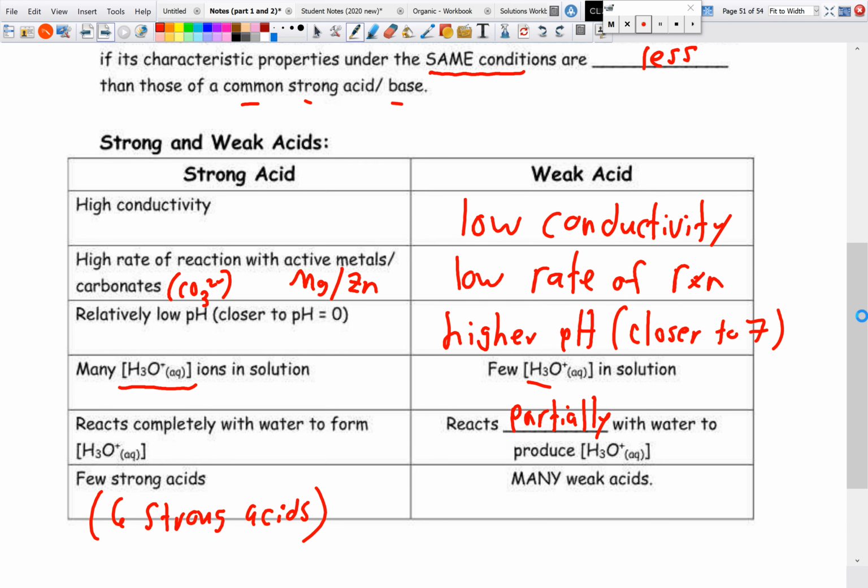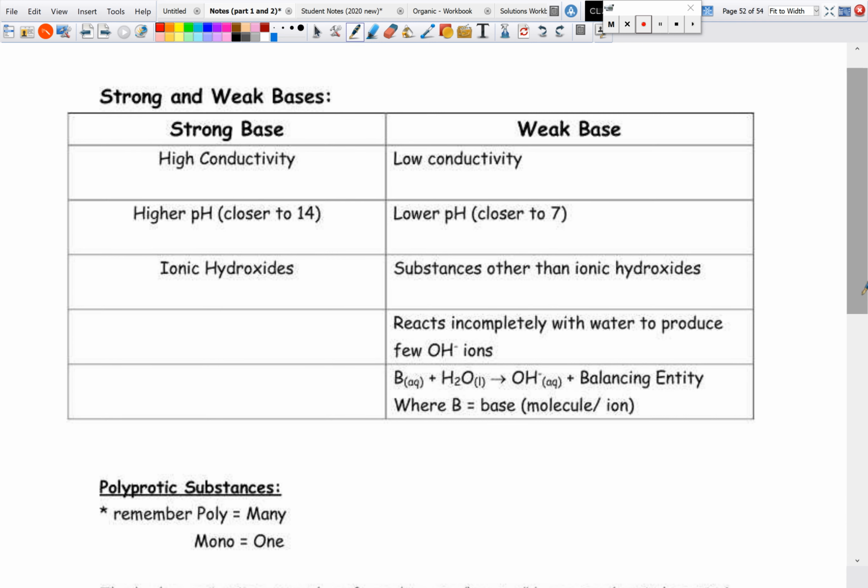Now our next chart, and this is going to be our last one, we're just going to look at the bases. This is the exact same thing, where we have our strong base and our weak base. If a strong base is highly conductive, a weak base is going to have low conductivity. A strong base has a pH closer to 14, so extremely high pH, whereas a weak base is going to have a lower pH, closer to 7.